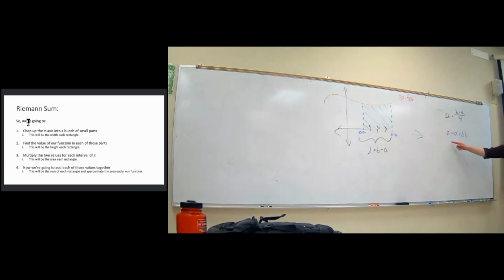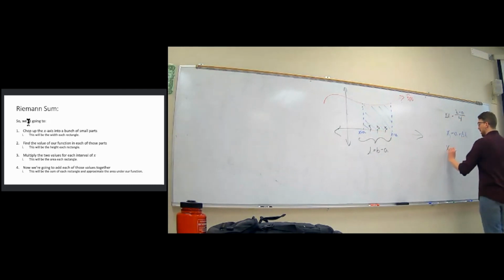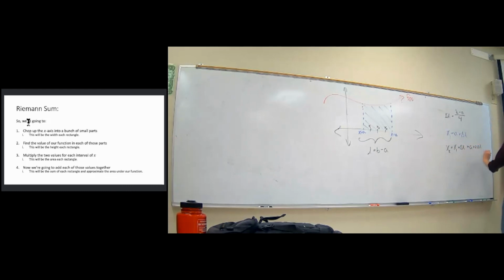And x1 is still going to be A plus delta x, but now x2 has been introduced. That's just going to be x1 plus delta x. Well, that's equal to A plus 2 delta x. x3 is going to be x2 plus delta x.